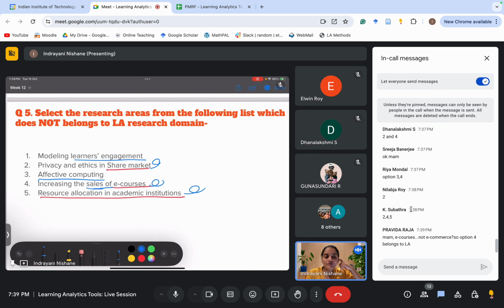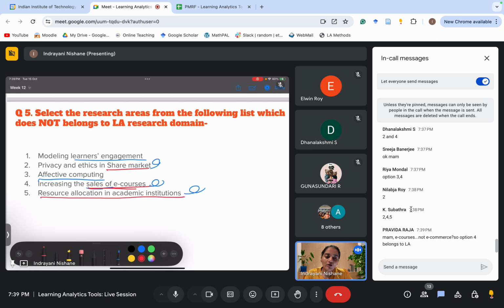No, option 4 does not belong to learning analytics because we are talking about sales of e-courses. So sales of e-courses are in no way telling us how learning is going to happen by students, or it is not giving us any information about learning.